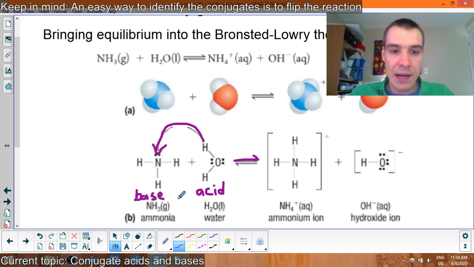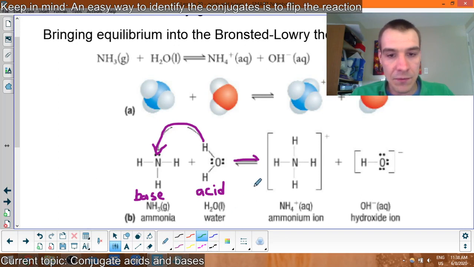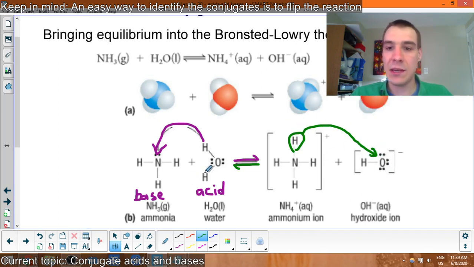But let's think about what happens. This is an equilibrium arrow, so there's a reverse process as well. In the reverse process, I'll do it in green, we start with ammonium and hydroxide, and we end up with ammonia and water. So in the reverse process, this hydroxide is going to go back and attach, this hydrogen is going to go back and attach the hydroxide, making water.